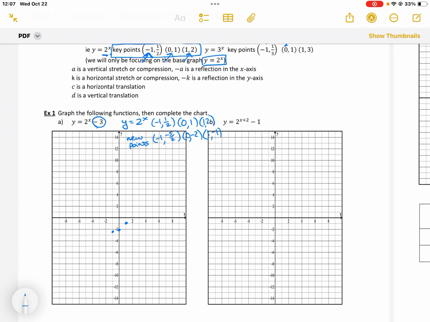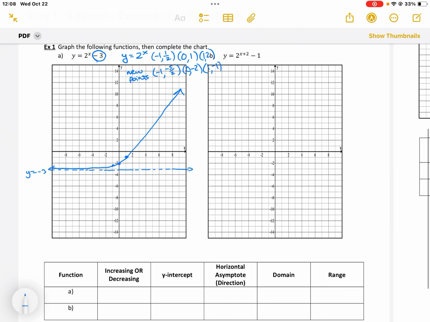The asymptote matches the vertical shift, which means that in this case, my horizontal asymptote is at y equals -3. Once I've connected those points, I'm going to sketch the shape of my exponential function, which goes like this every time. And then I'm going to complete the chart down below.